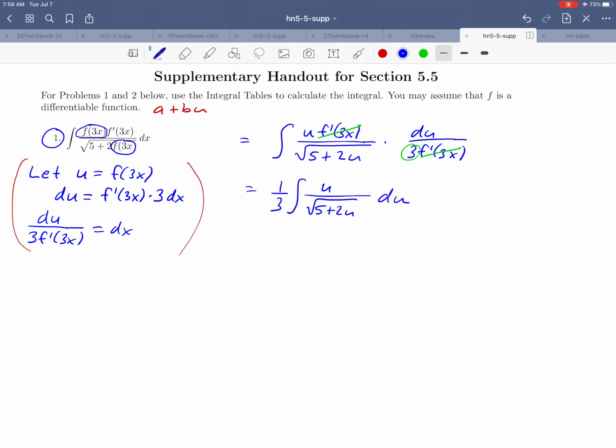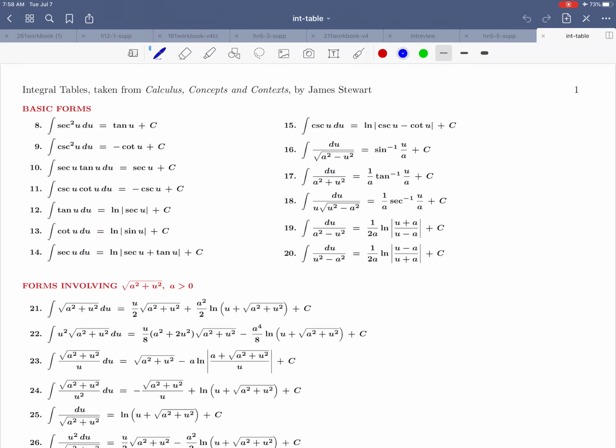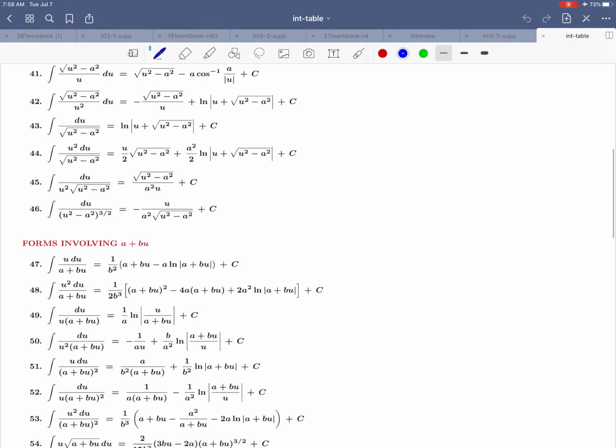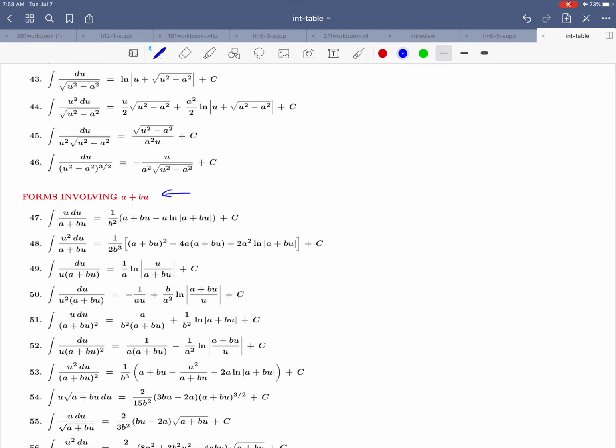Now, we made the choice at the beginning of the problem to do a u substitution that gets our integral into this general form, a plus bu. So when we go to our integral tables, that's the part of the table that we're going to look at. Let's find that grouping of formulas, a plus bu. Here it is.